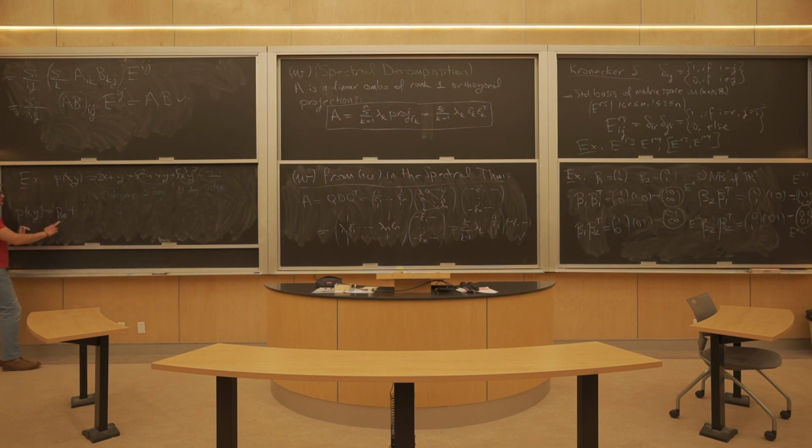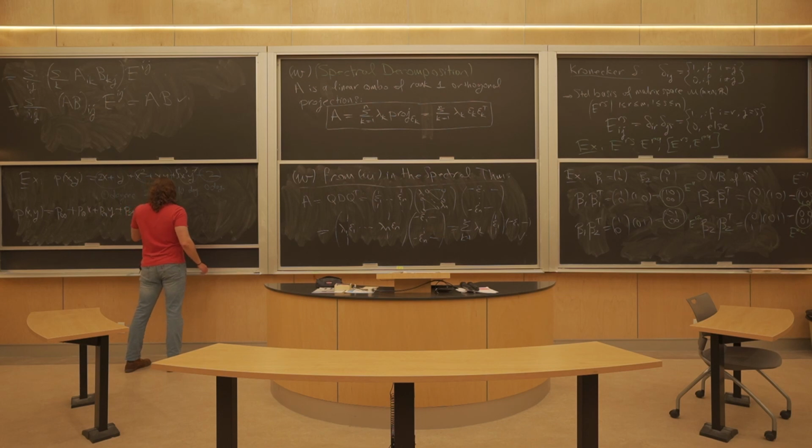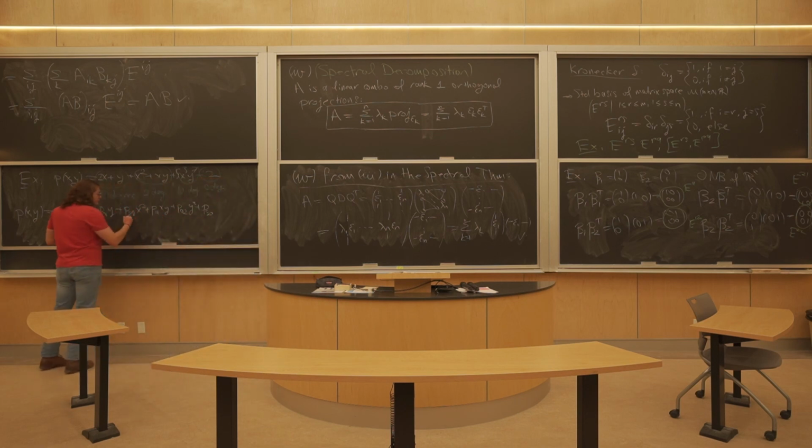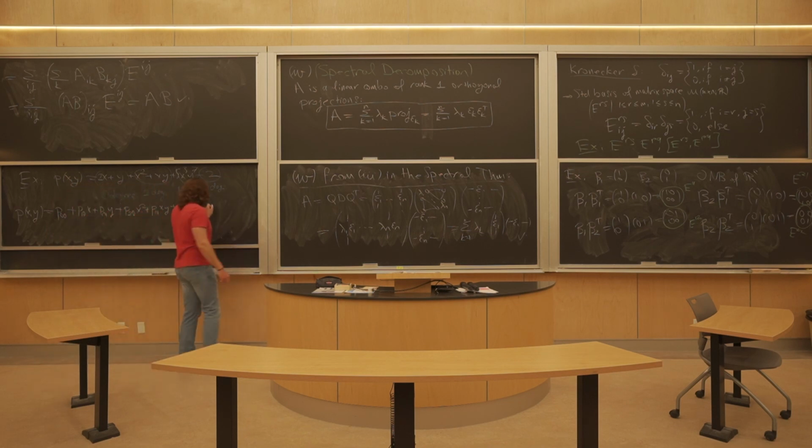P00, here I really mean by this the coefficient next to x to the 0 times y to the 0. And then P10 is going to be next to x. And then P01 is going to be next to y, and so on. Okay? And then order 3 terms would start with 3, 0, and I would have x cubed.